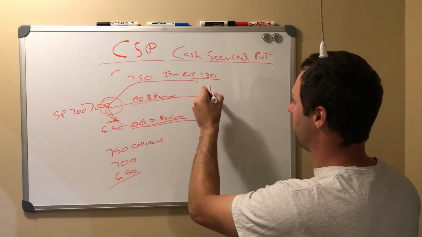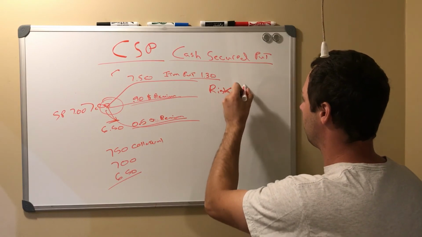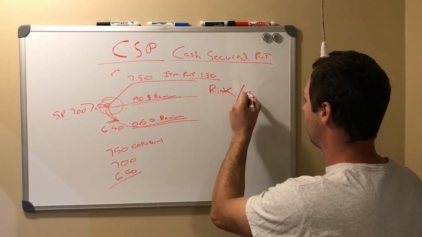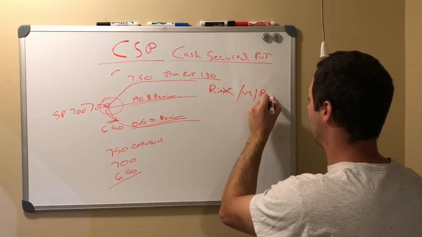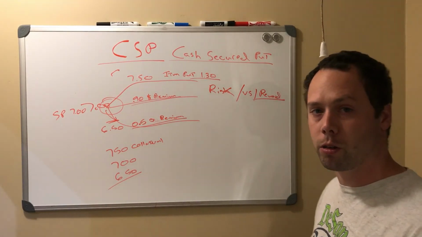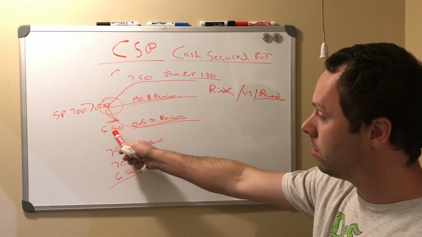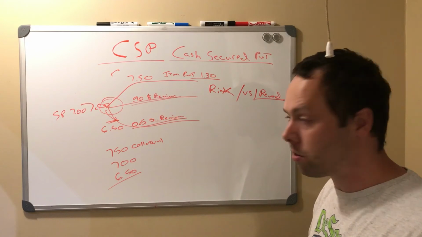So you have a risk versus reward. This is just something you'll have to think about: how much collateral do I want to put up? And the other thing is, of all these 650s, maybe I've got $1,300.